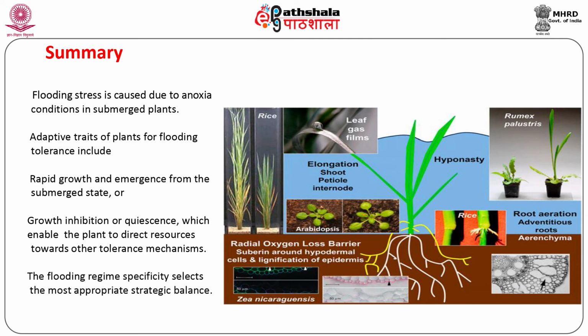The flooding regime specificity selects the most appropriate strategic balance. Improving flooding tolerance would aim at introgression of flooding-induced genes identified from plants showing natural flooding tolerance, like wetland species, into cultivated crops.